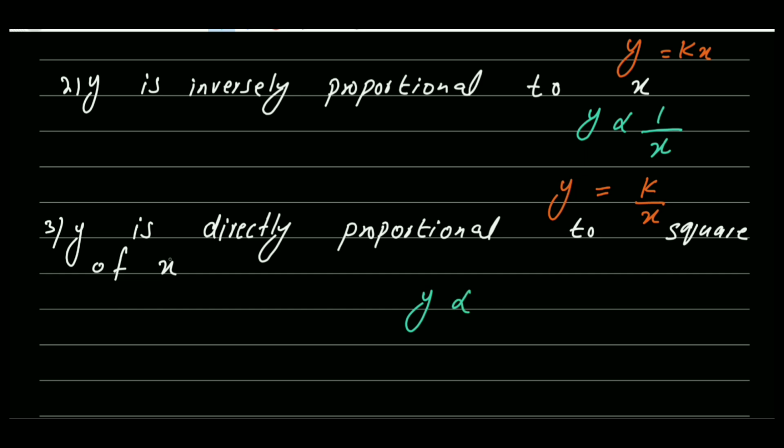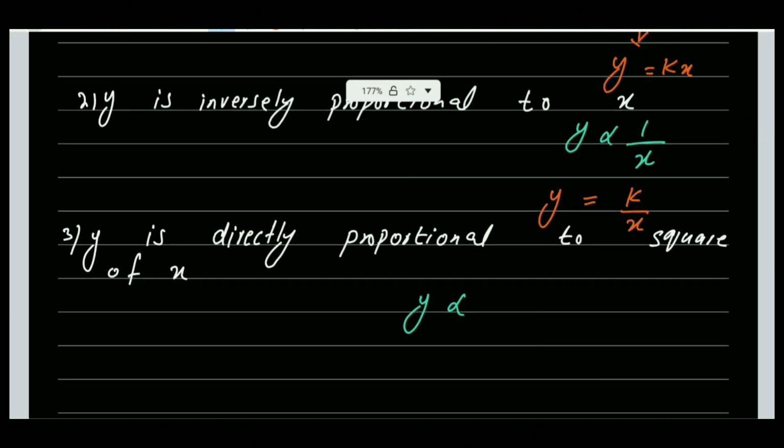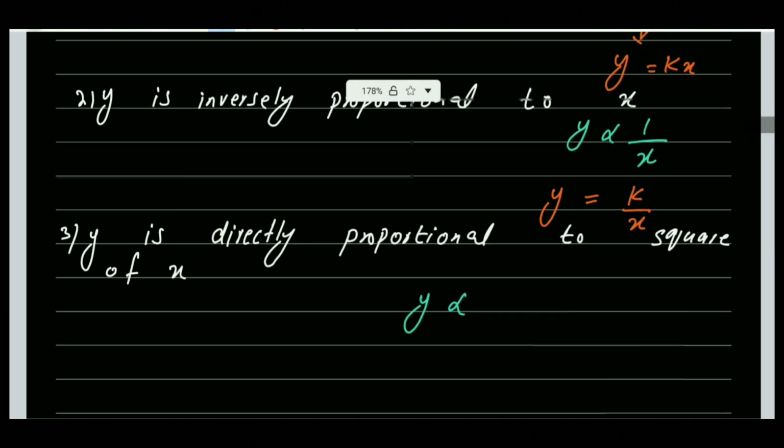Directly means this variable will be in the numerator. But here the keyword is square of x, so we have to read it very carefully. Square of x means x square will be in the numerator. And if we write it in the form of equation, that will be y is equal to k x square.